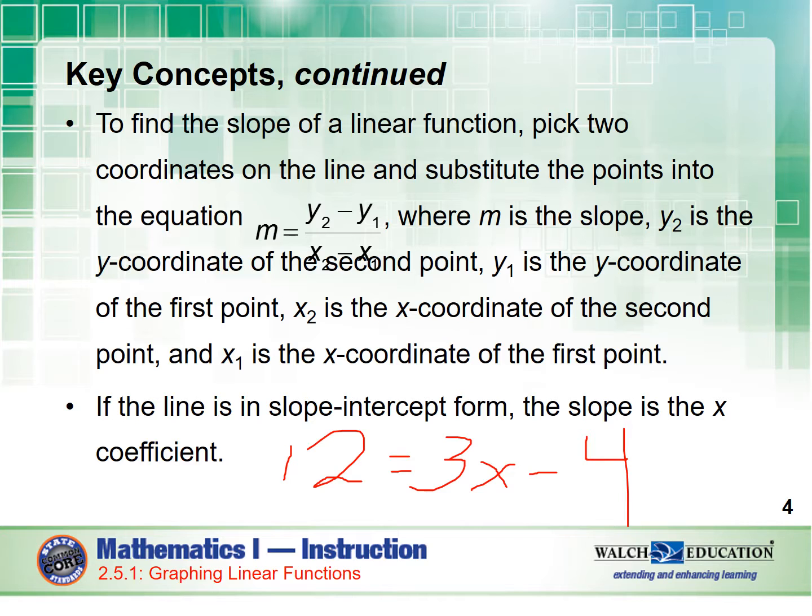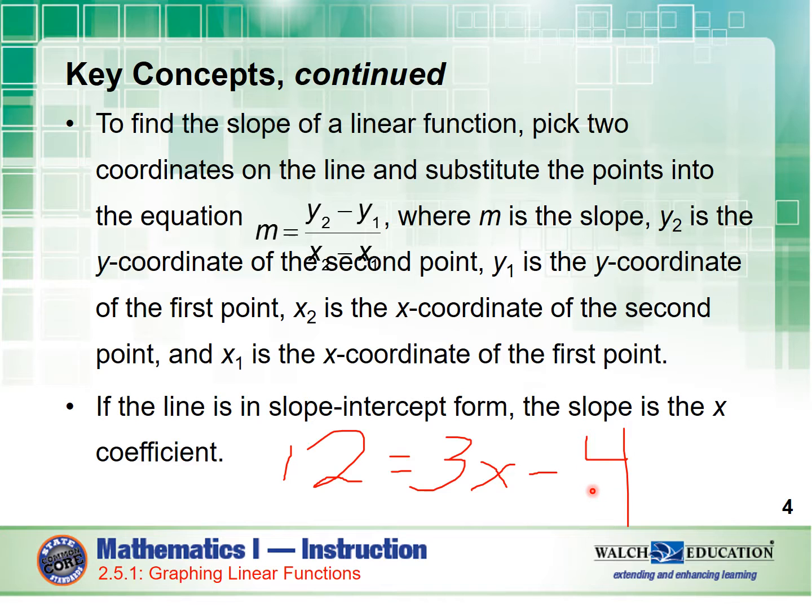So y right here equals mx, m is 3, x is x, and then minus 4 is the y-intercept.